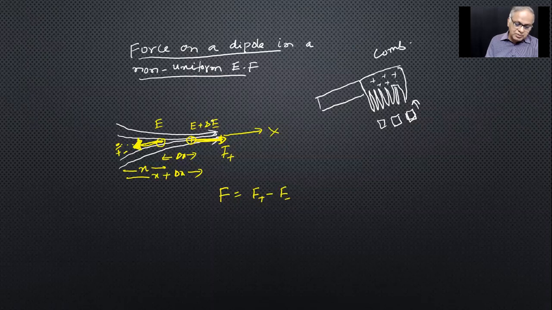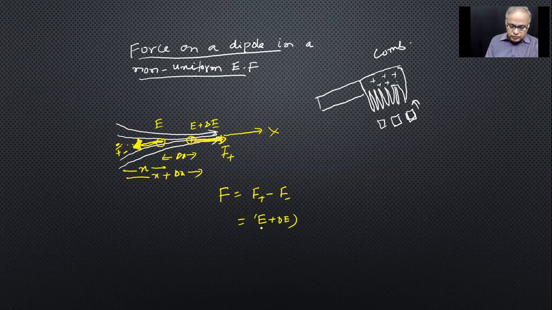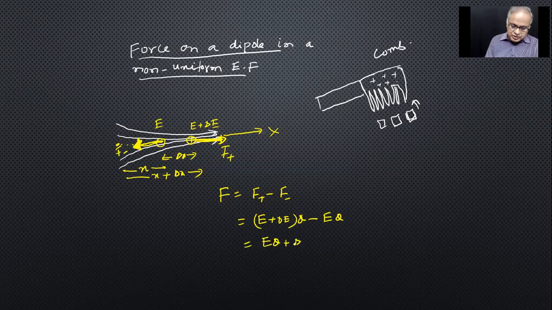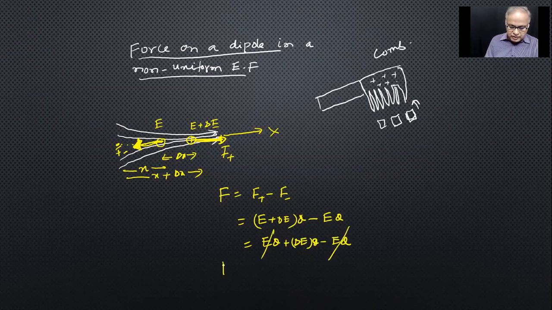The reason being, this is E plus delta E, and E is more here. How much is that? E plus delta E into Q minus E into Q. So F equals Q into delta E.